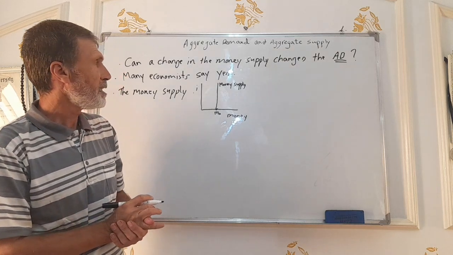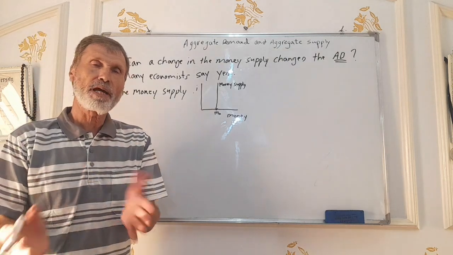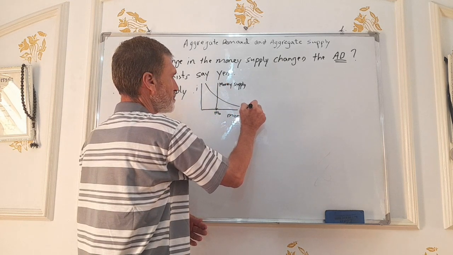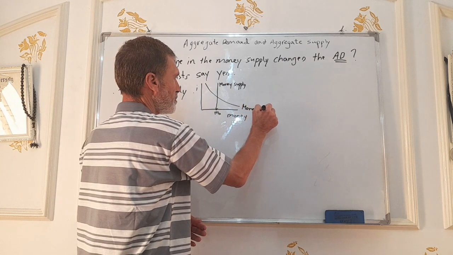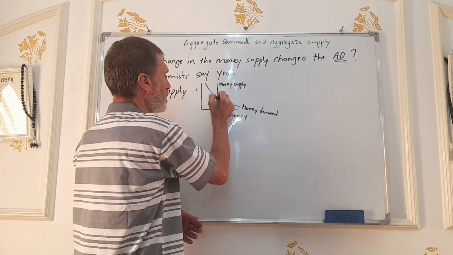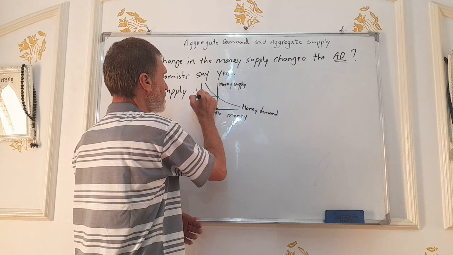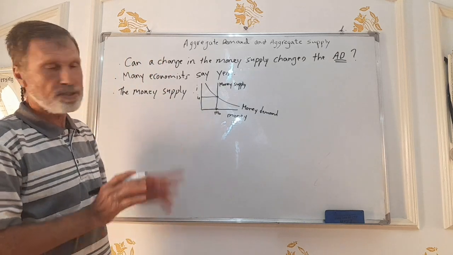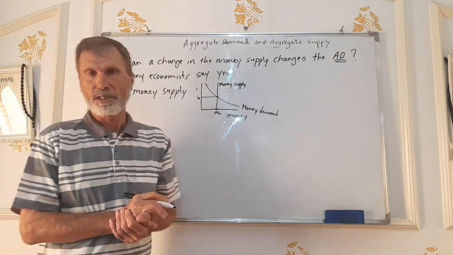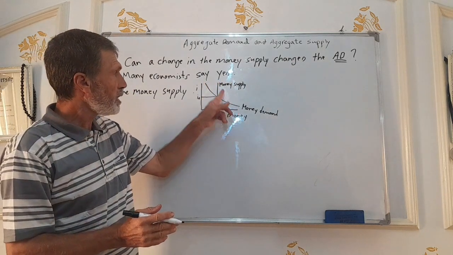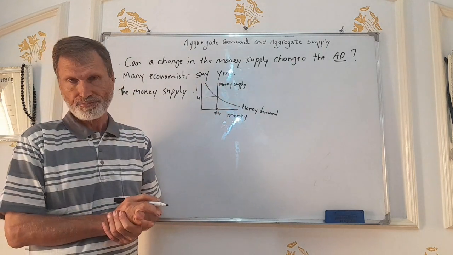And you see the intersection of the money supply and money demand, which is downward sloping. This is money demand. So the intersection will determine the interest rate. This is I0, the initial interest rate, at the intersection of the money demand, which is downward sloping, and the money supply, which is vertical.